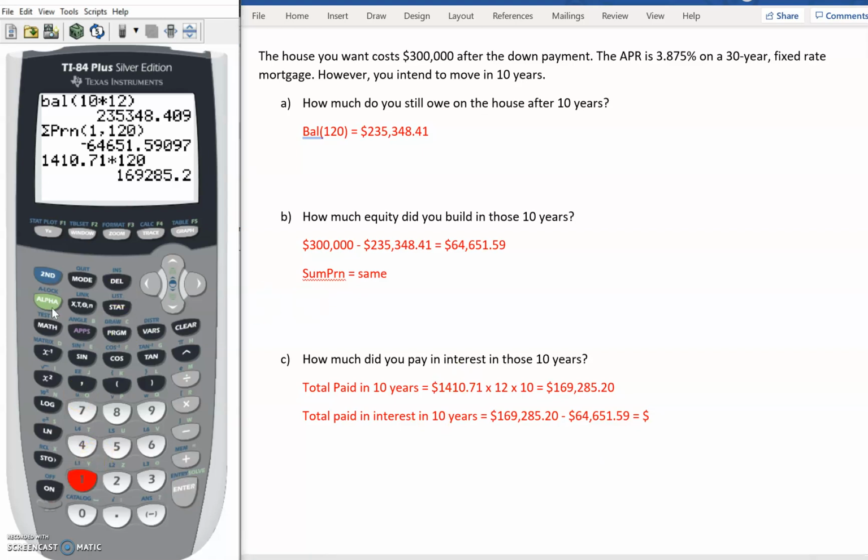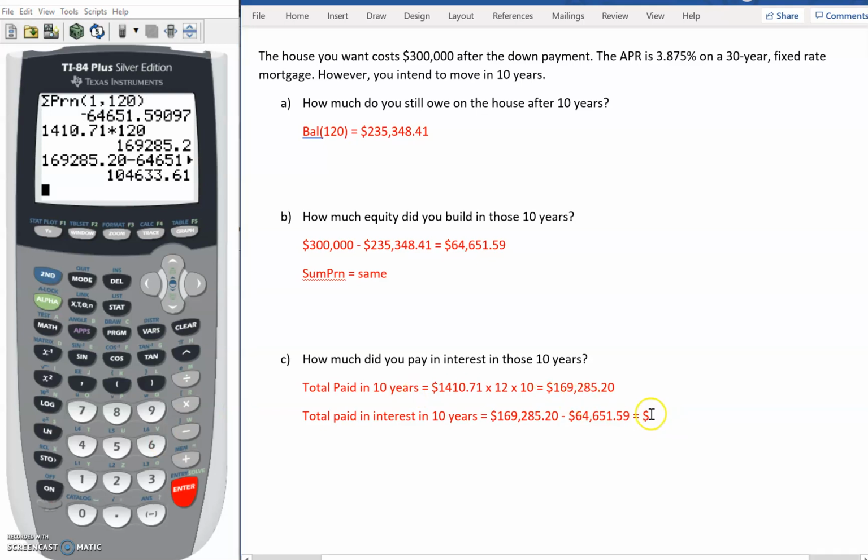So let's come over here: 169,285.20 minus 64,651.59. It looks like in that first 10 years, we put $104,633 and 61 cents toward interest.